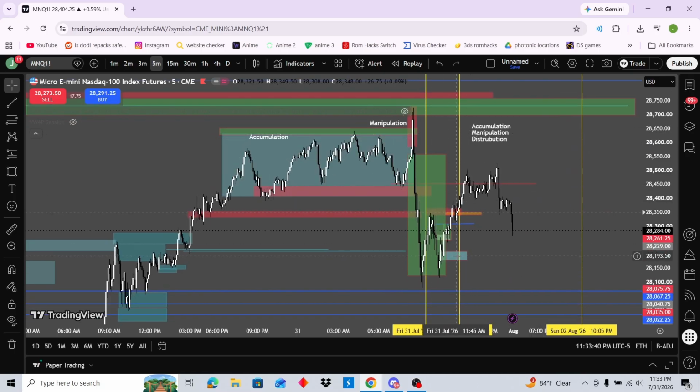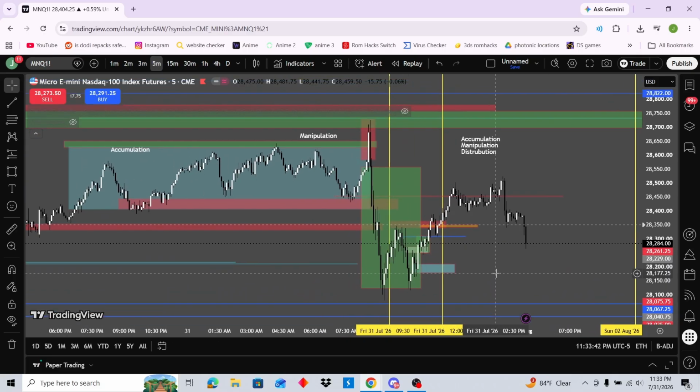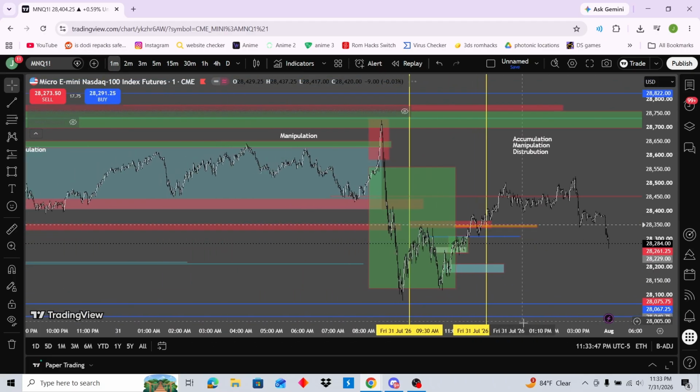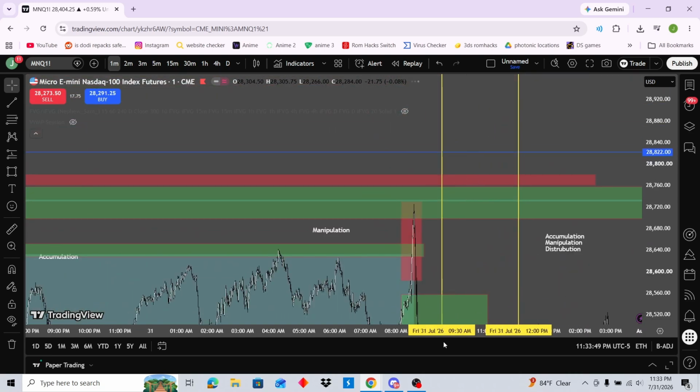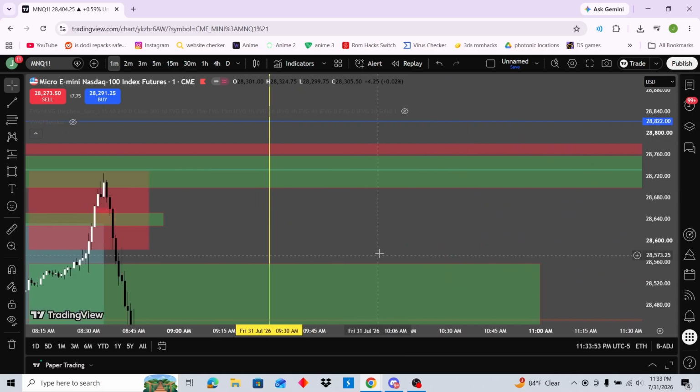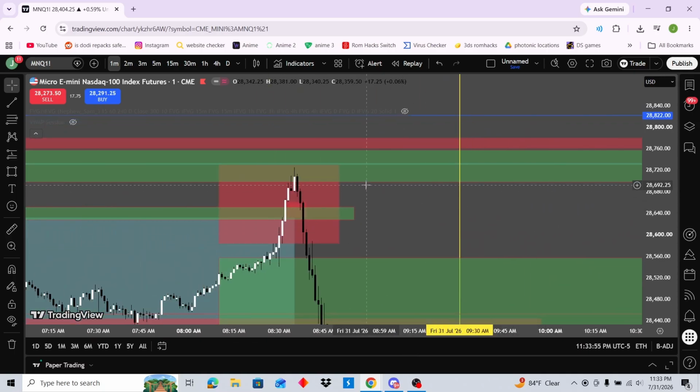We'll have to see for the next day. But right here, once we have broken out of the accumulation, we can switch down to a lower time frame. So the 1 minute, the 5 minute is super strong. The 1 minute, there's a lot of noise, but if you're at a super key level, that's where you'd want to entry.